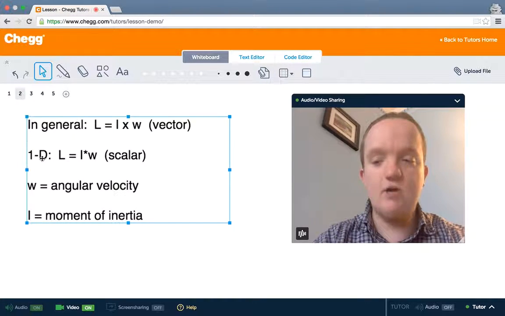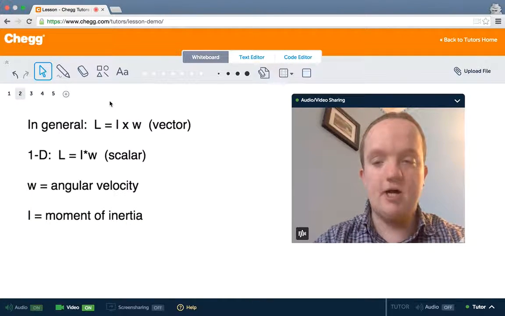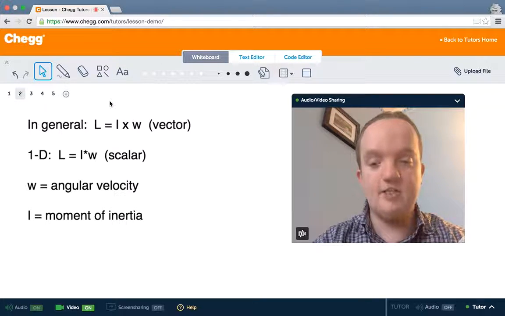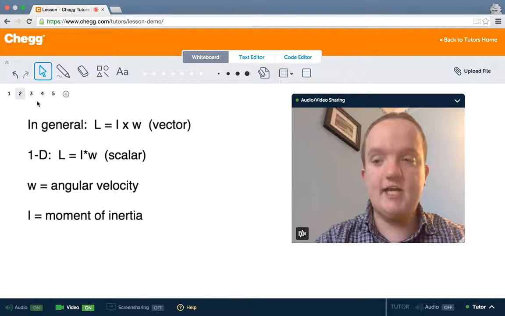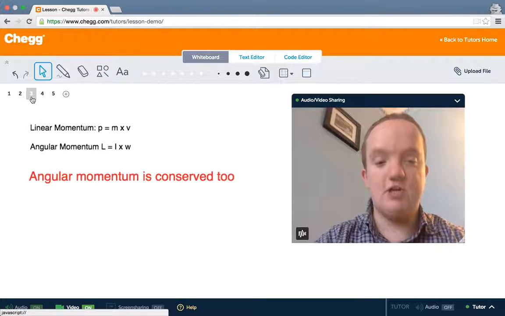So in the one-dimensional case, we have a scalar. It could be positive or negative depending on the direction of the velocity, but it's just going to be a scalar, the equivalent of mass, the moment of inertia, times the angular velocity. That's the case I want to deal with right now, and then we'll generalize.